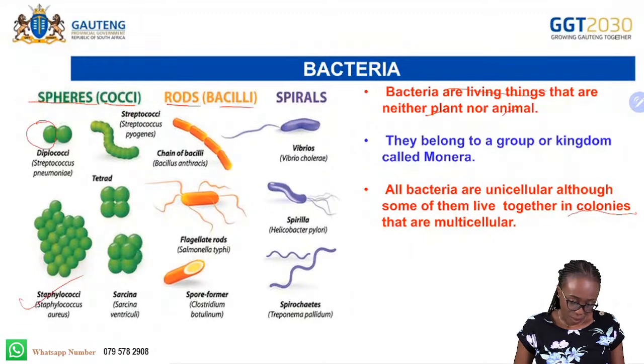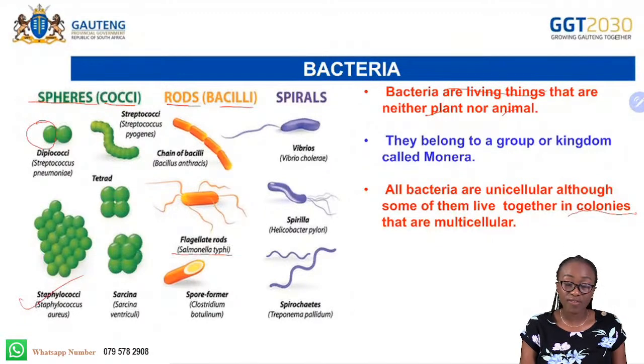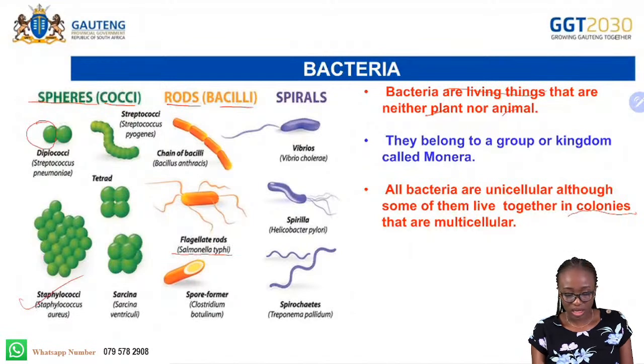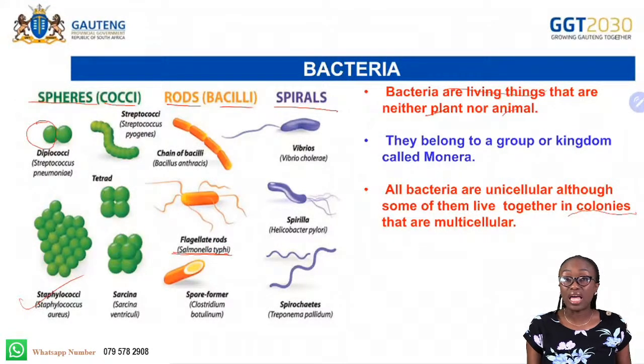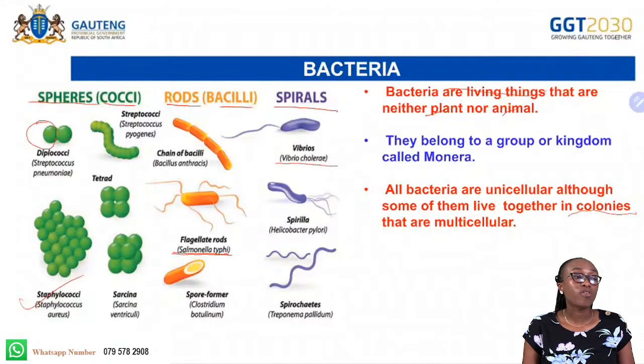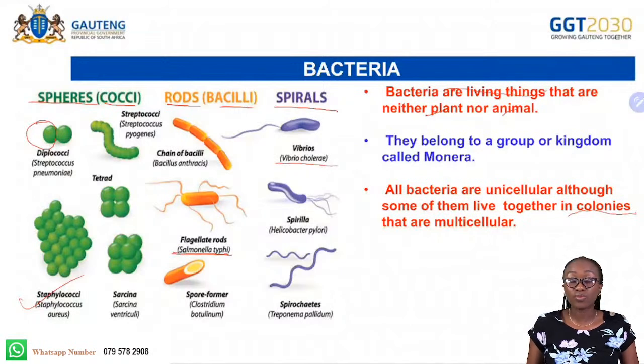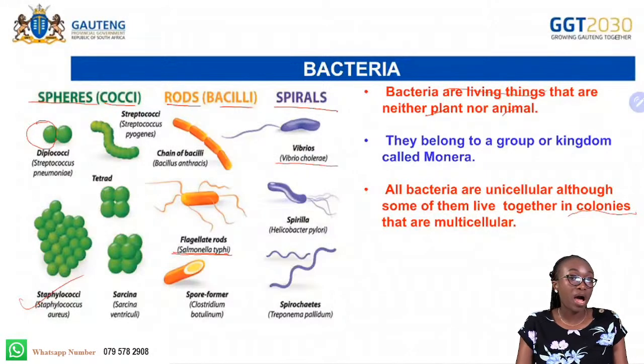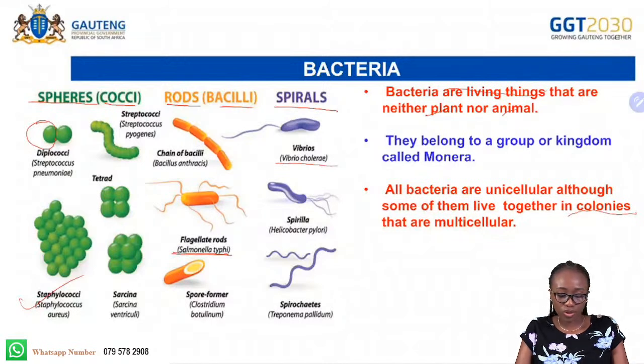An example is Salmonella typhi, the one that causes salmonella. It is a rod-shaped bacteria. And then we've got the spirals. These have a spiral shape, and an example is Vibrio cholerae. So scientists differentiate them according to shape. When you get home, you can draw the different shapes of the different types of bacteria.